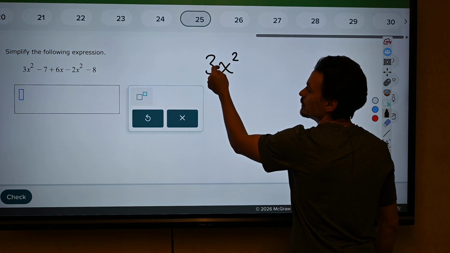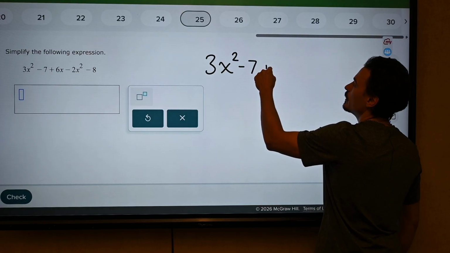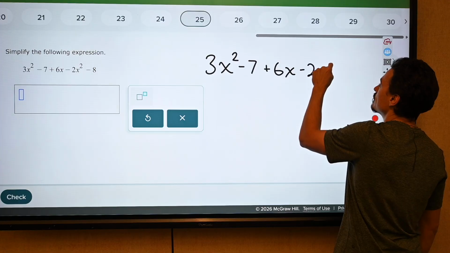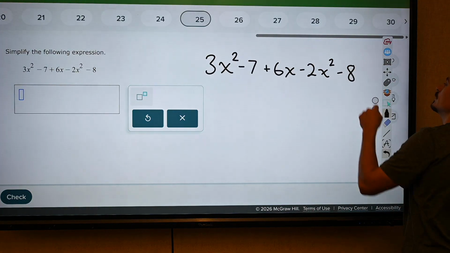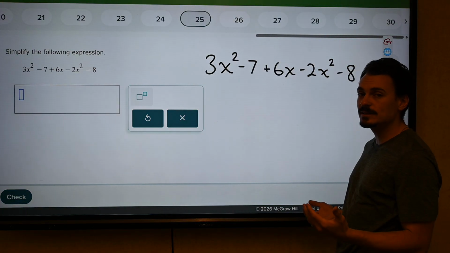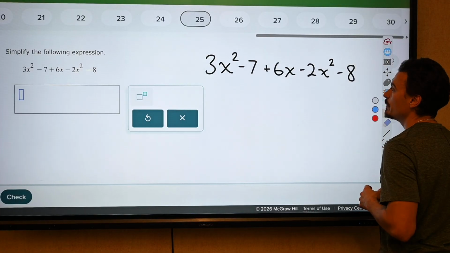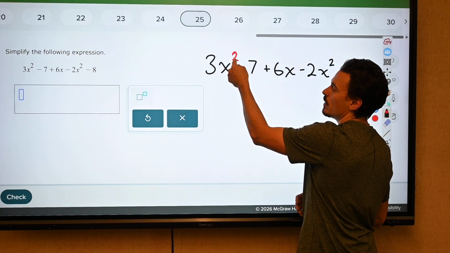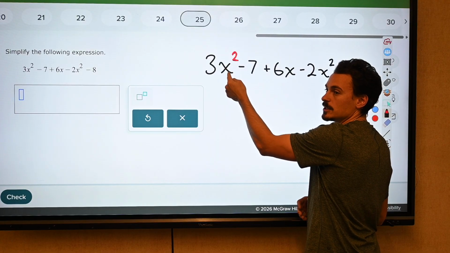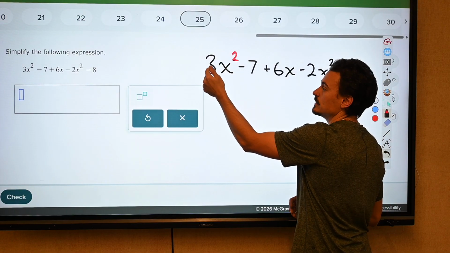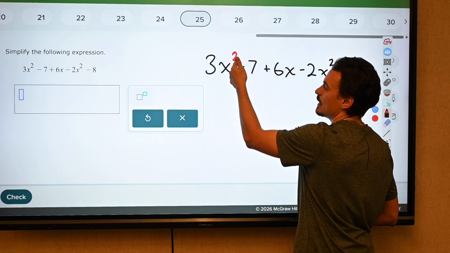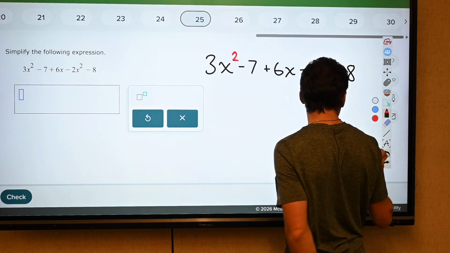25. 3x to the power of 2 minus 7 plus 6x minus 2x squared minus 8. We have no parentheses at all. A lot of people are making a mistake here, by the way. This exponent right here belongs only with the x because it's touching the x. There's no parentheses, which means that exponent does not belong with that 3.